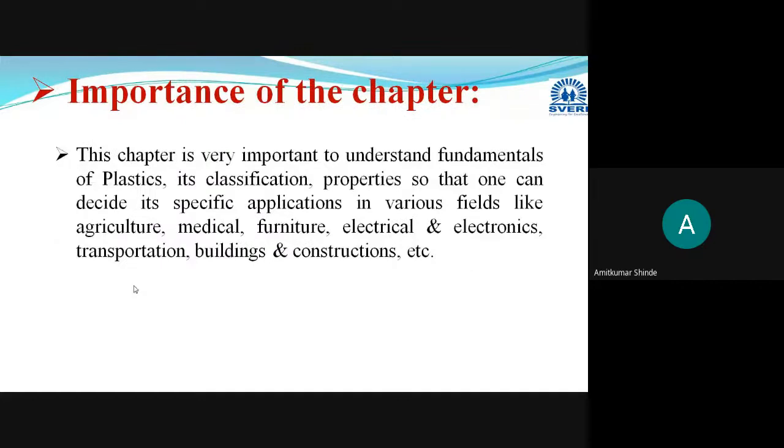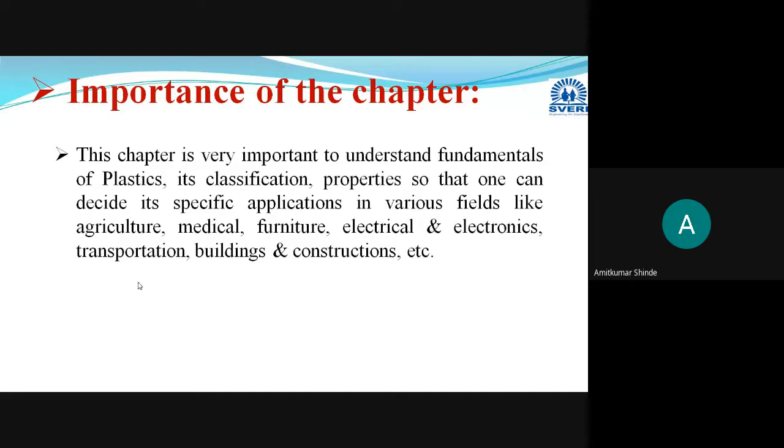And what is the importance of this chapter? After studying this chapter, we are going to understand the basics, or we will get the fundamental knowledge related to plastic material, and we will be able to understand the properties of plastic materials.